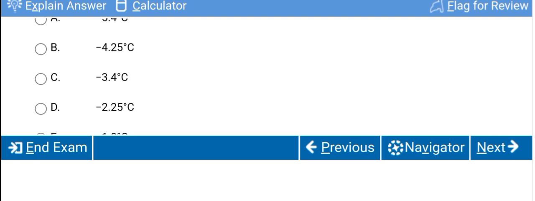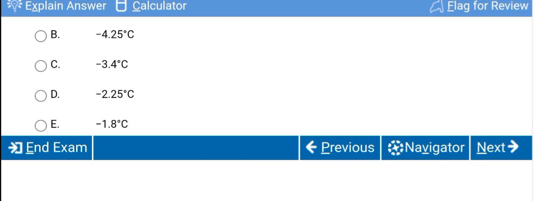Option C, minus 3.4 degrees centigrade. Option D, minus 2.25 degrees centigrade. Option E, minus 1.8 degrees centigrade.